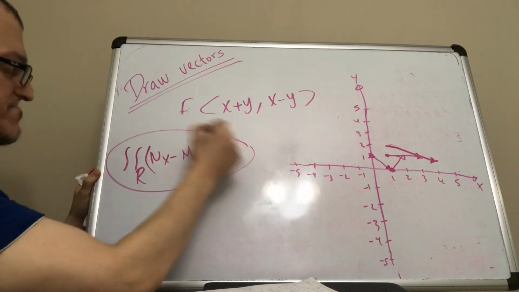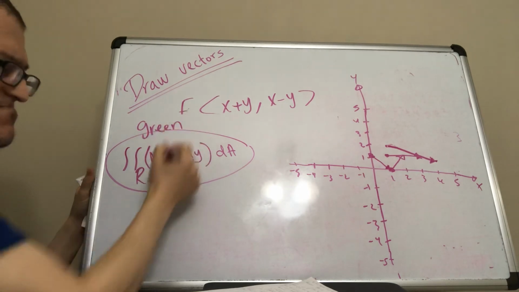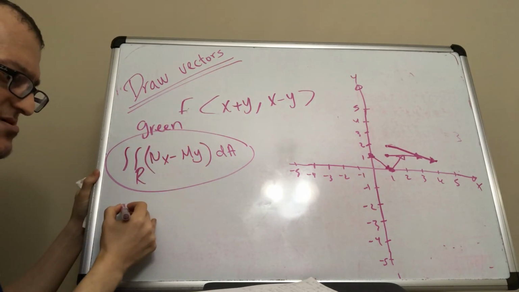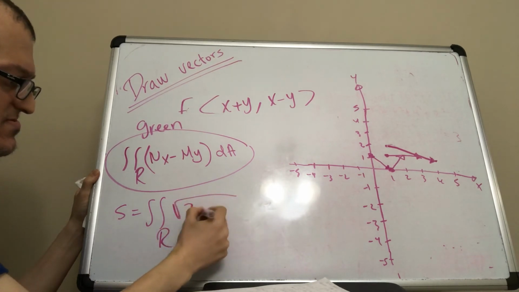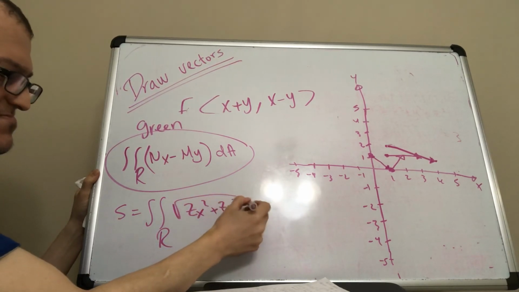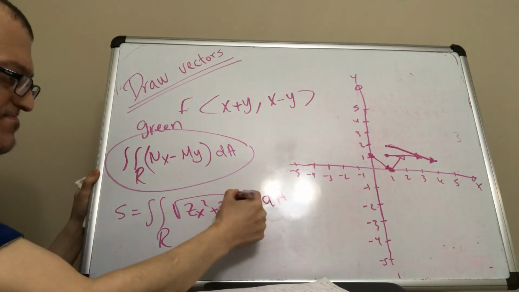This is Green. And we did the surface area, and the rule for the surface area was the derivative, dA.